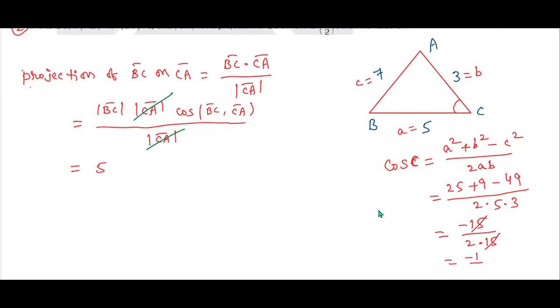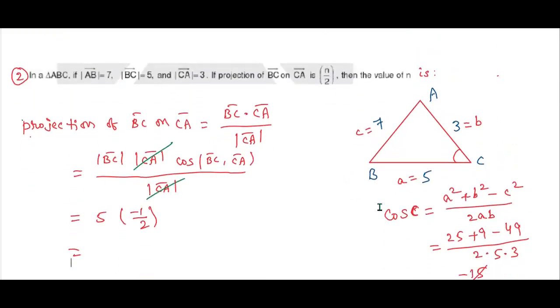What is the answer? Minus 1 by 2. Here we get minus 1 by 2. So the projection is minus 5 by 2. This is the answer.